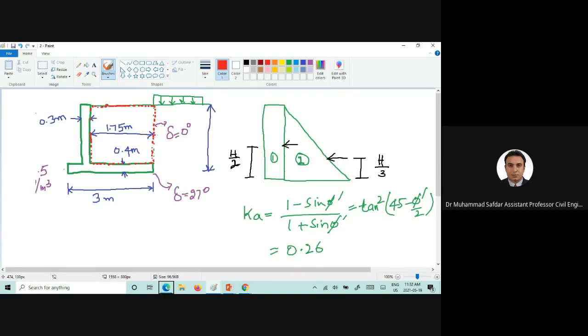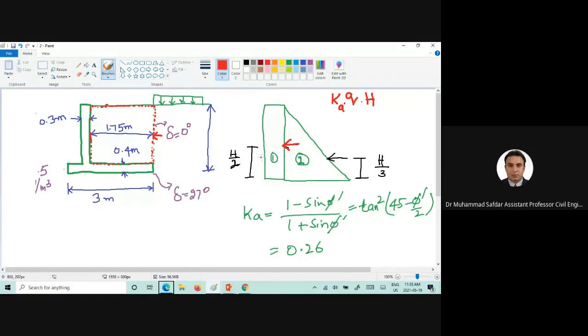Now we need to find out the lateral force which would be exerted by this surcharge pressure and the backfill soil. From the concept which we understood from Geotech 2, we already know that if we have the surcharge pressure and multiply it by the lateral earth pressure coefficient, this will give us the lateral pressure which is exerted onto the retaining wall. And if we multiply with the height, this will give us the lateral force which would be exerted onto the retaining wall.